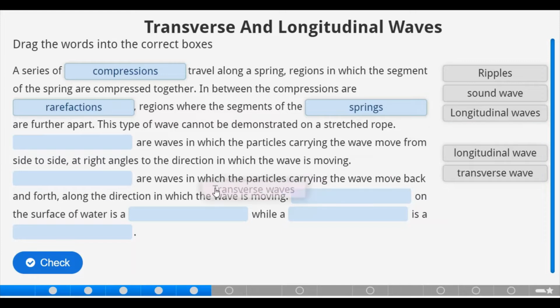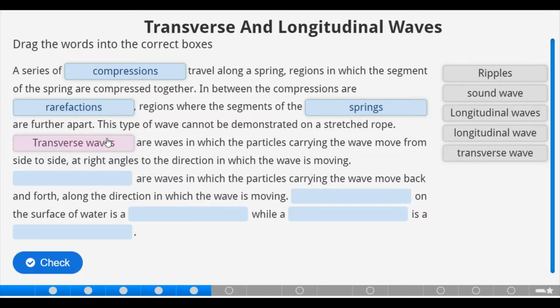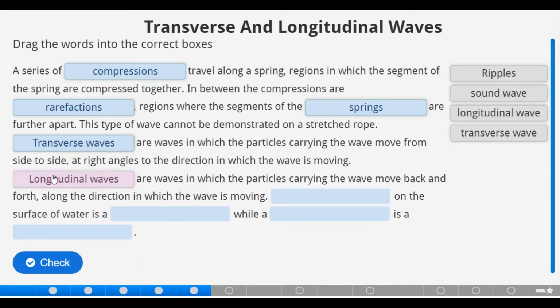Now, transverse waves are waves in which the particles carrying the wave move from side to side at right angles to the direction in which the wave is moving. All right? Longitudinal waves are waves in which the particles carrying the wave move back and forth along the direction in which the wave is moving.